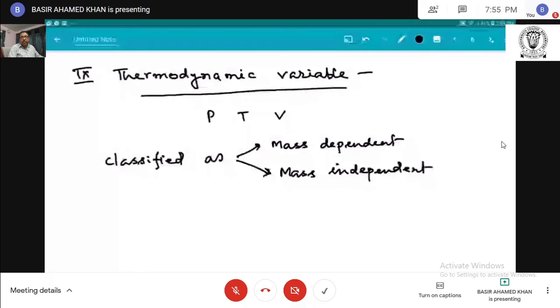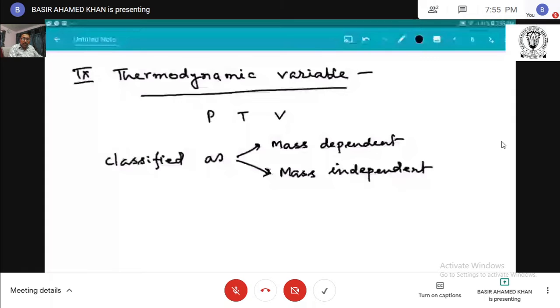Actually, I want to say what is extensive variable and what is intensive variable. The mass independent parameters, the intensive variables are independent of mass.